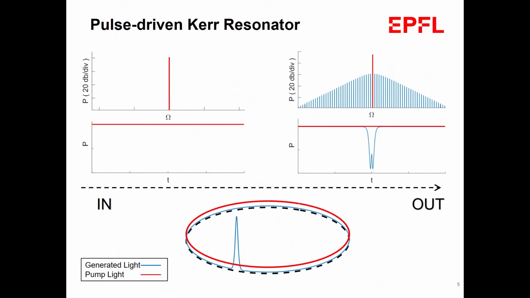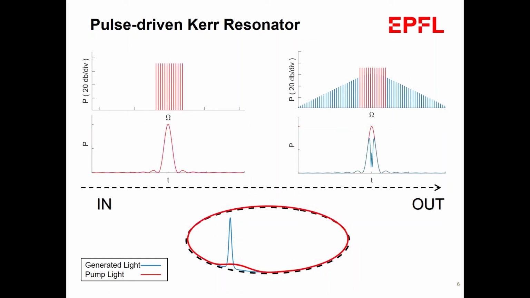So we thought, okay, well, if we want one soliton, then we could just pump with a kind of pre-sculptured pulsed pump, and then this pulse is resonant, is spatially resonant as well inside the resonator, and it energizes a single soliton much more efficiently.